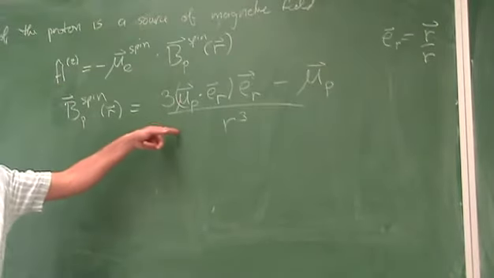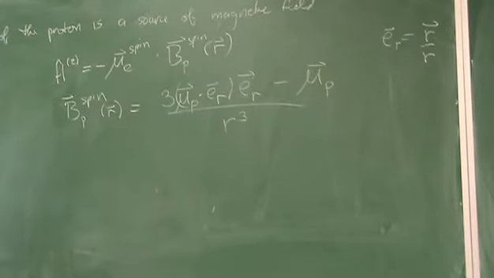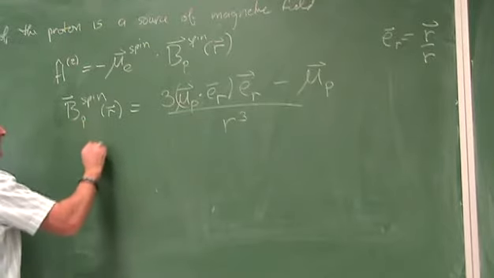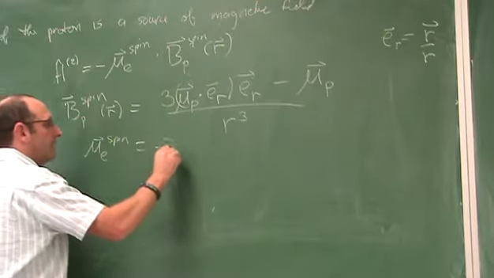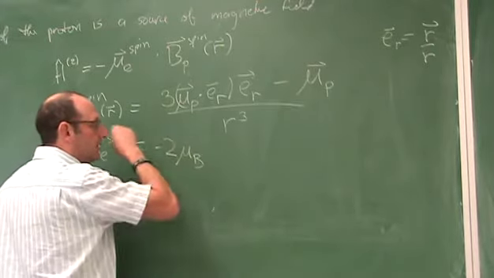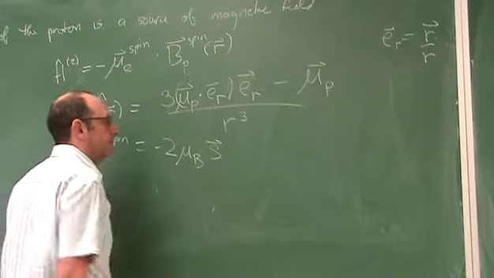That's the magnetic dipole field, right? Remember that. And then this interacts with the mu of the electron due to its spin. We just said it's minus twice the Bohr magneton times the spin.